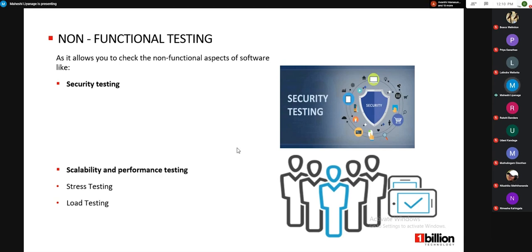We also need to check how the application will work under excessive stress, so you can carry out stress testing. And if you want to measure the application response delay after deploying it on the cloud, you can conduct latency testing. So this is about scalability and performance testing as non-functional testing on the cloud.